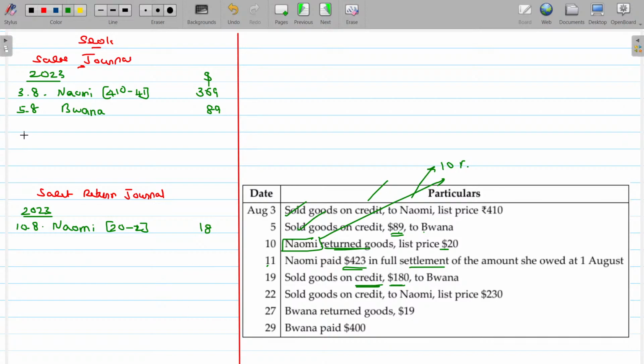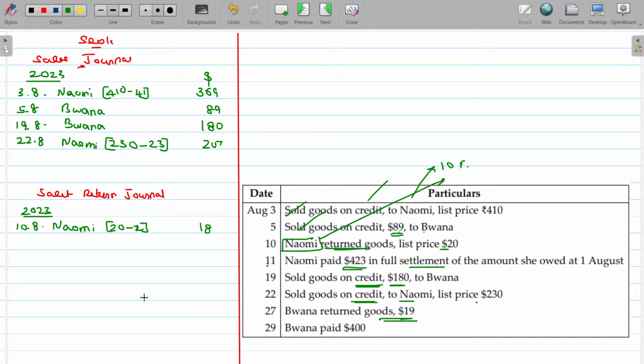And sold goods on credit $180 to Bhuwana on 19th August, the value being $180. On 22nd August, sold goods on credit to Naomi, list price 230, discount 10% being 23, so the value is 207.